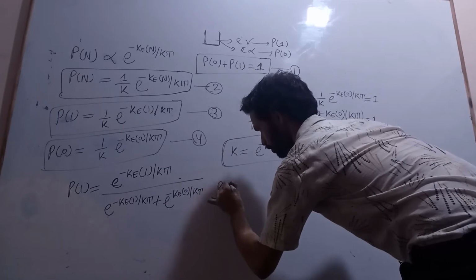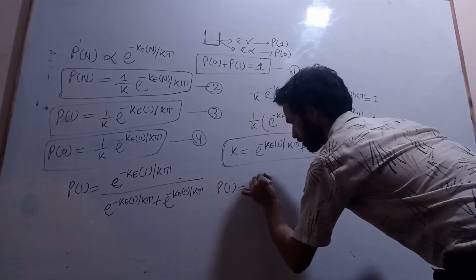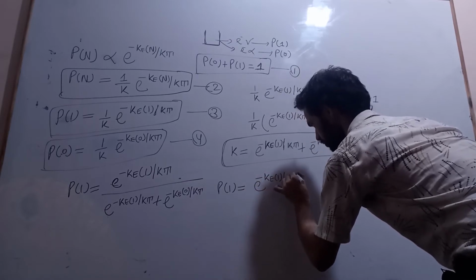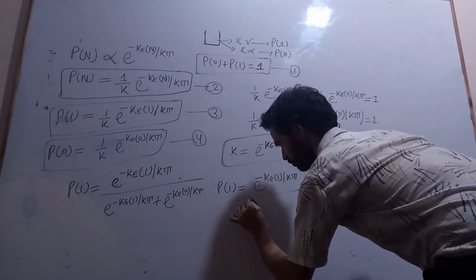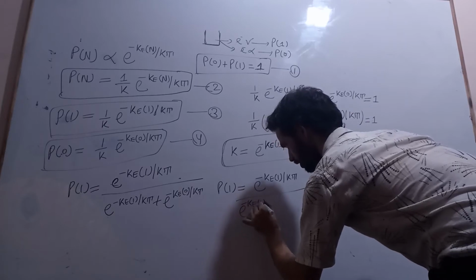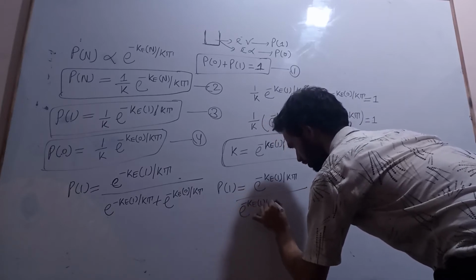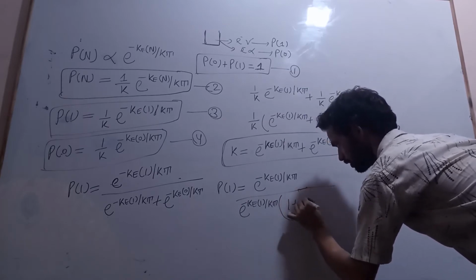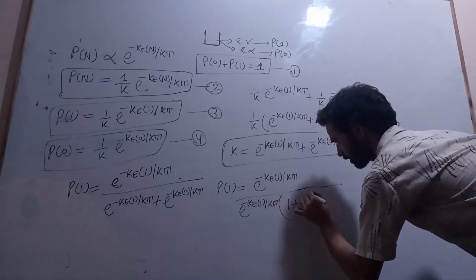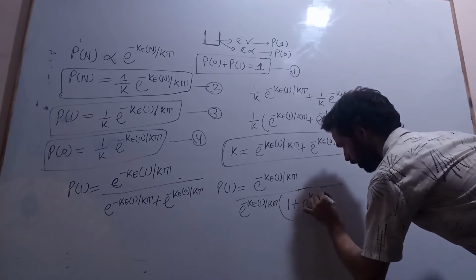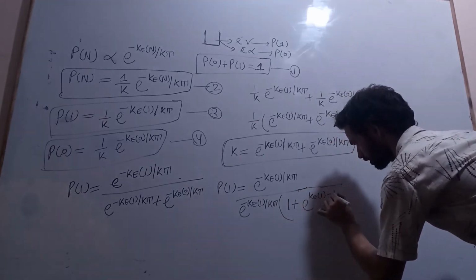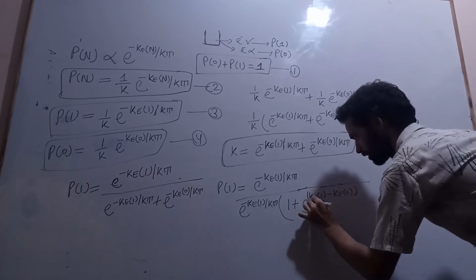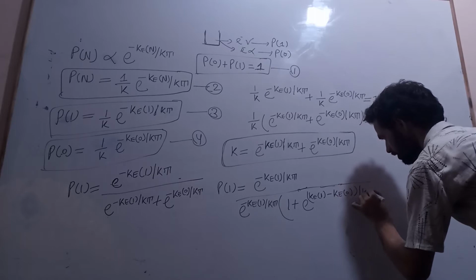Okay, so we will get P of 1 is equal to e to the power minus KE of 1 divided by kT, divided by e to the power minus KE of 1 divided by kT. Take this common. Okay, so we will get 1 plus e to the power KE of 1 minus KE of 0 divided by kT.